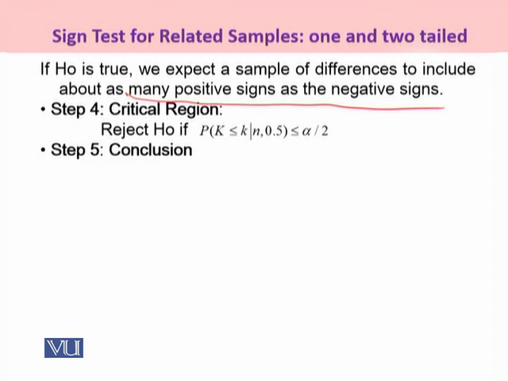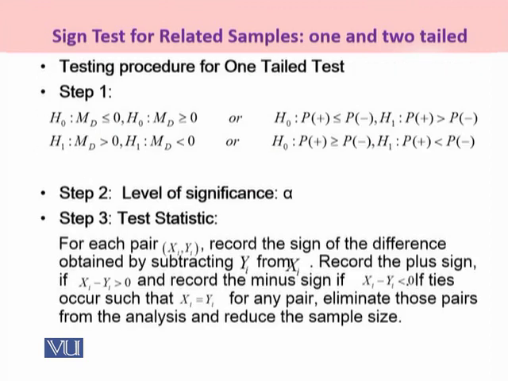The critical region is: we reject H naught if the probability of K less than or equal to k, given n, where n is the sample size, comma 0.5, the proportion, is less than or equal to alpha by 2. If this condition is true, we reject our null hypothesis.